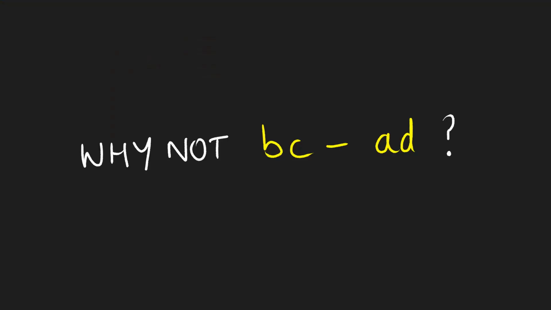Now, if you're like me, you'll be sat there thinking, well, why didn't we minus the equations the other way around and be left with bc - ad? And why don't we call that the determinant? Honestly, I've had the same thought. And I tried to research whether there had been any answers to this, but I couldn't actually find anything online.